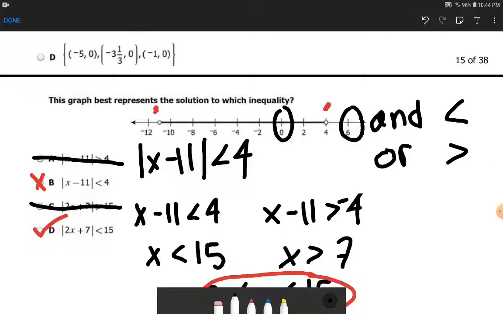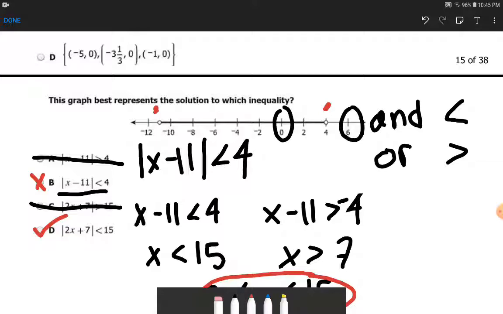So we're going to do B first. The absolute value of 0 minus 11. 0 minus 11 is negative 11. And the absolute value of negative 11 is 11. So that would be false. 11 is not less than 4. And let's do the same thing for D. So we'll substitute in 0. 2 times 0 is 0. 0 plus 7 is 7. Absolute value of 7 is 7, which is less than 15, so that's true.